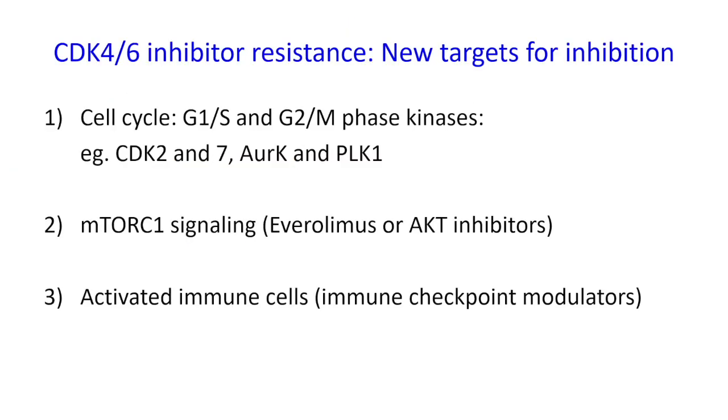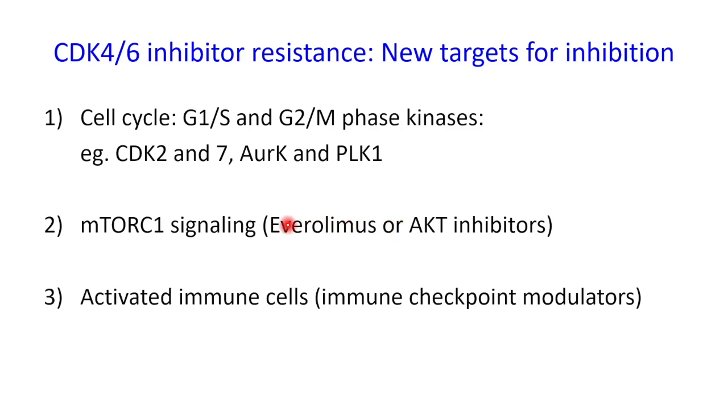So really, I think what we're saying is that in the resistance phase of CDK4/6 inhibitor treatment, maybe when the tumors start to progress again, actually now you've got new targets for inhibition, including the cell cycle targets, G1 and G2 kinases such as CDK2, CDK7, aurora kinase, and polo-like kinase.